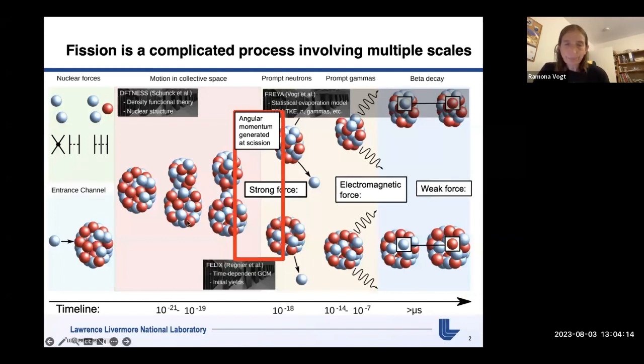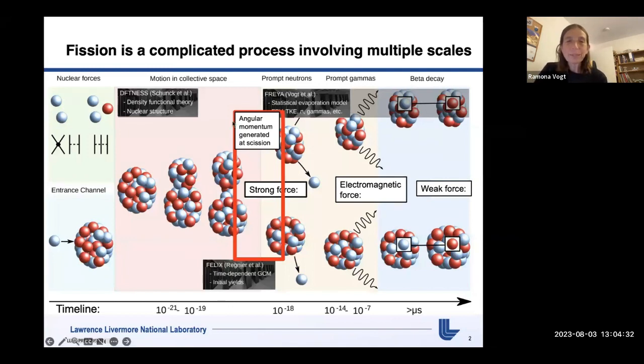So the fission and neutron emission is governed by the strong force. If you drill down into the nucleons, you'll find that there are quarks and gluons inside, but that's another lecture I could give another time.